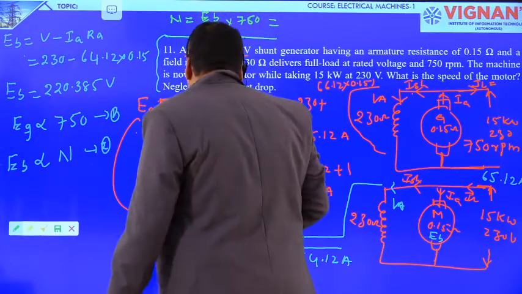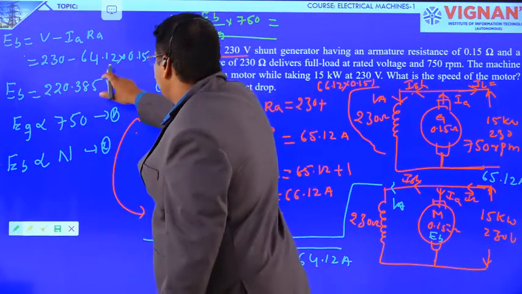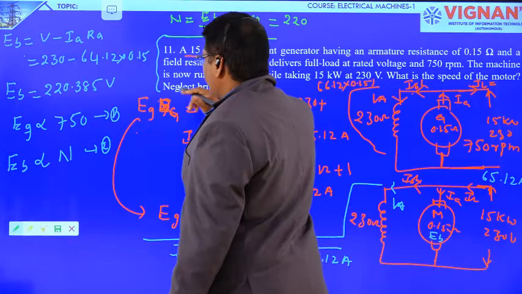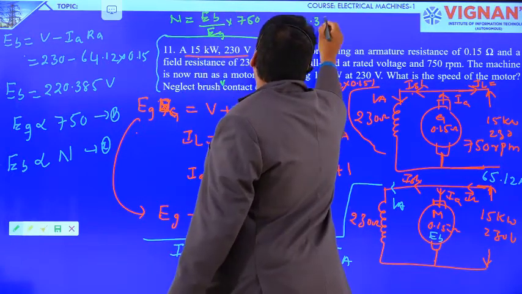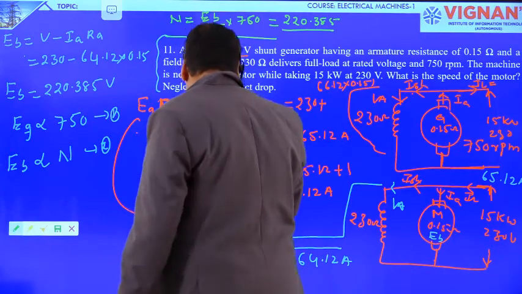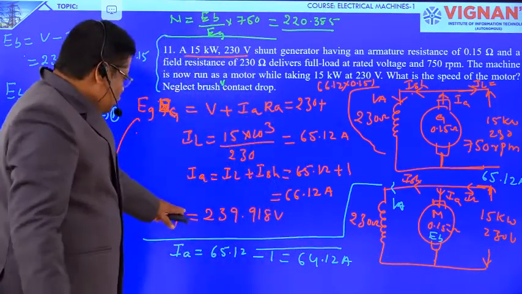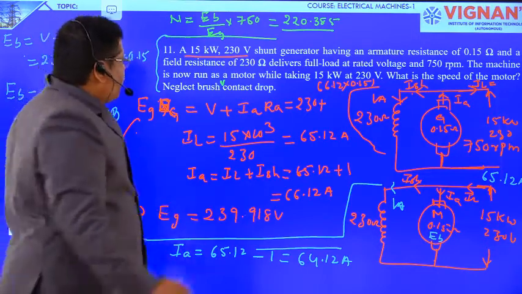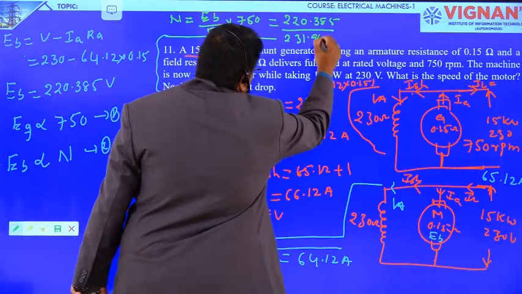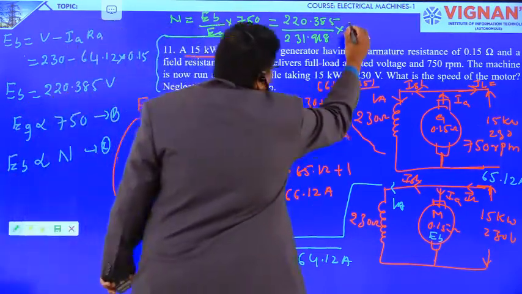Now the EB value is 220.385 divided by the EG value we calculated, 239.918, into 750.